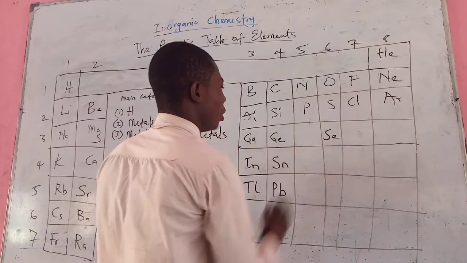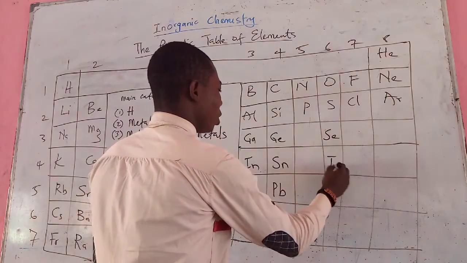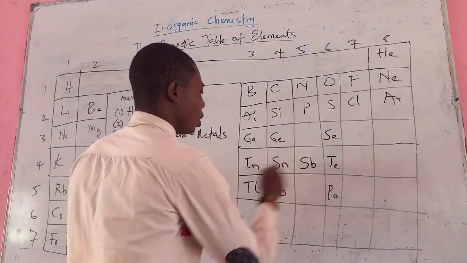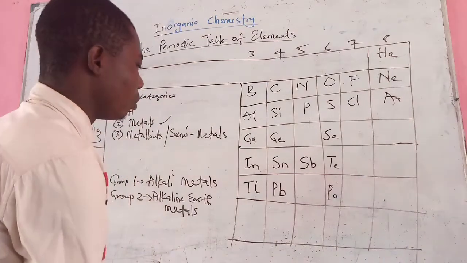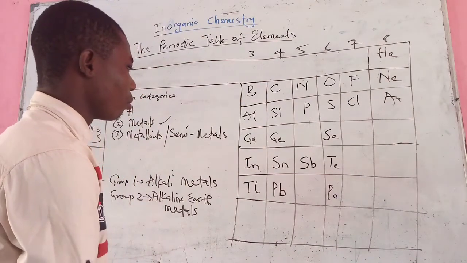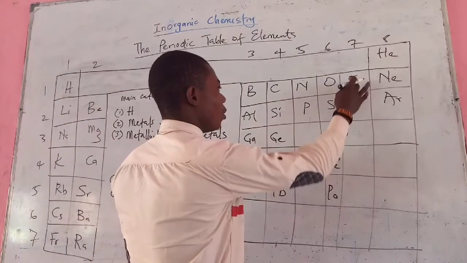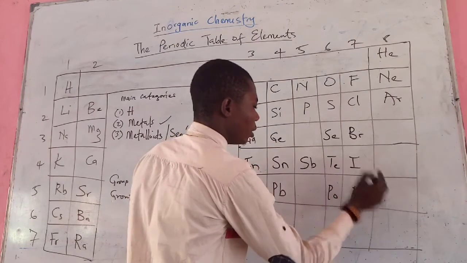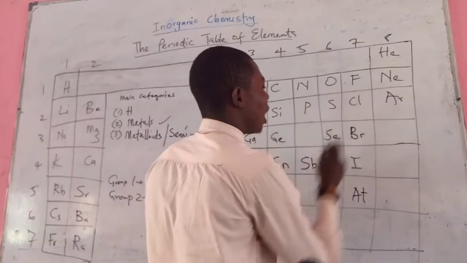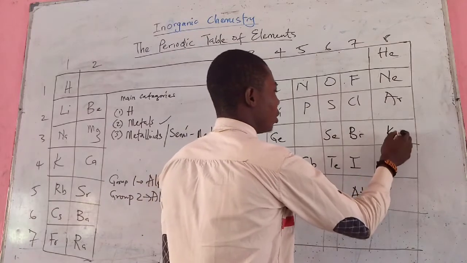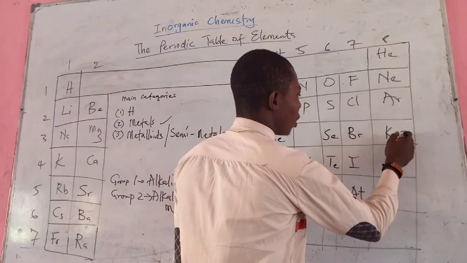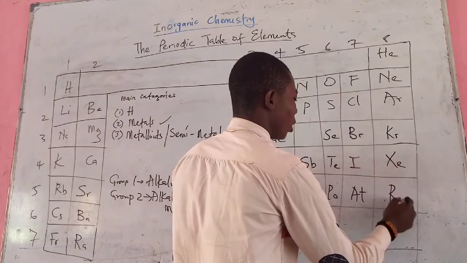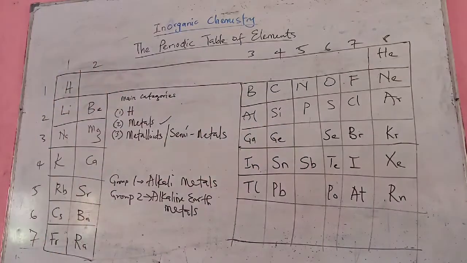We have selenium here, tellurium, polonium. We have antimony here. Then fluorine, chlorine, bromine, iodine, astatine. After argon, we have krypton, xenon, radon.